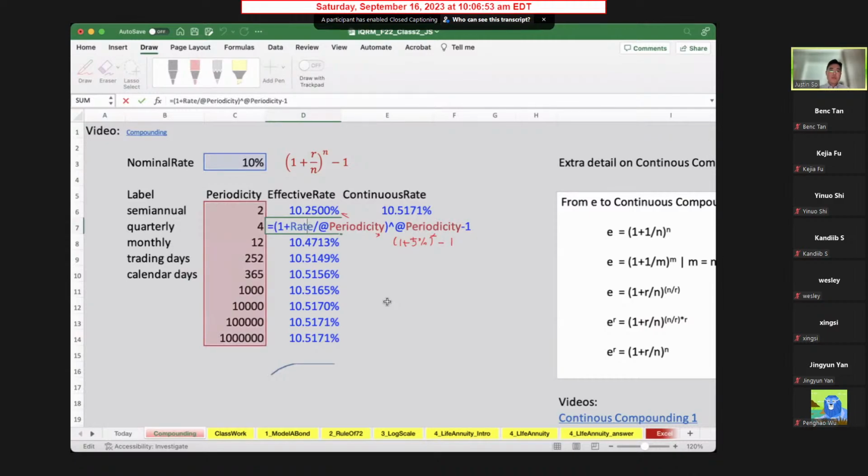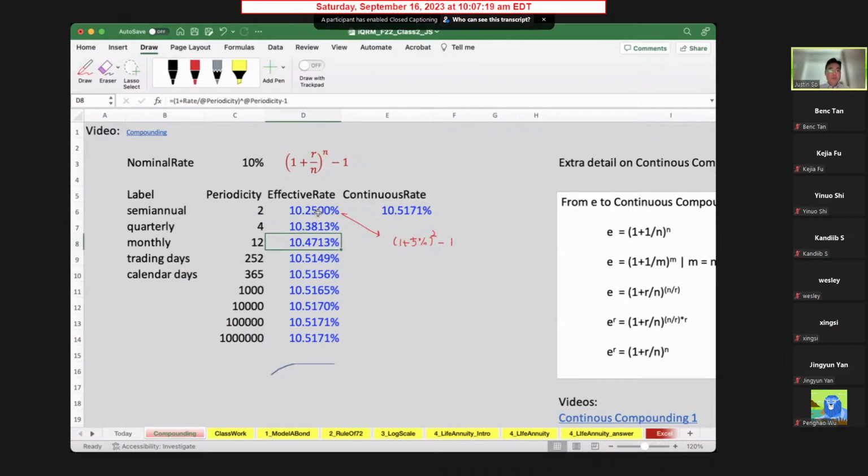The beauty of using the data array by assigning the name is you don't have to change the formula in each cell. It just points to the cell by using the name, and the @ sign just points to each row in this data array. So it looks like all the same formula, but it's using different data points here, right?